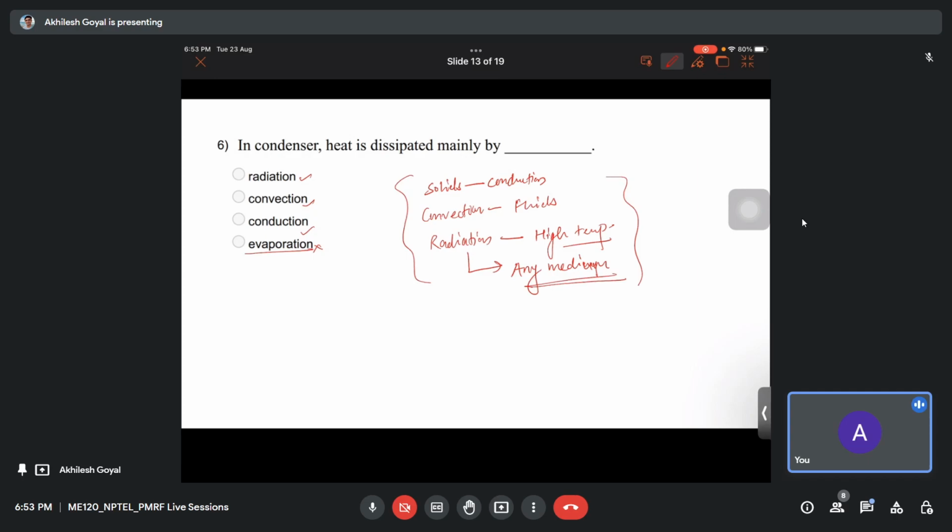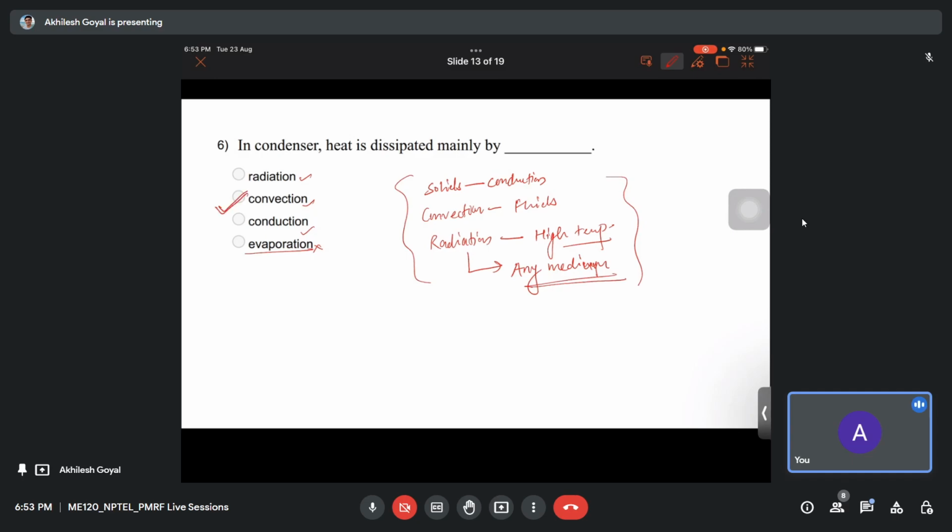So in the case of condenser, where only the fluid exchanges the heat, the main way of heat dissipation is convection.